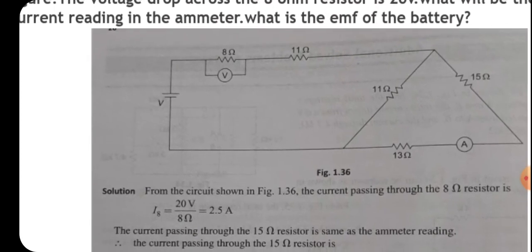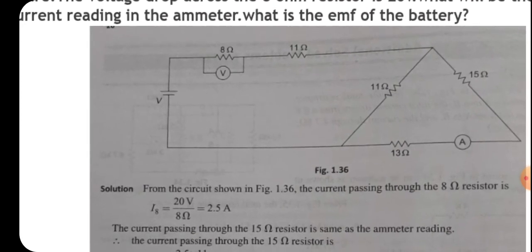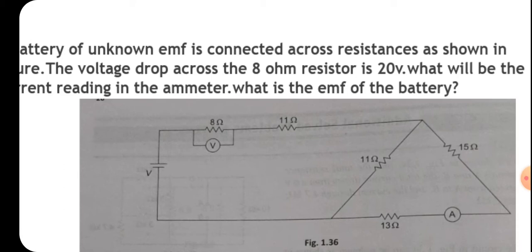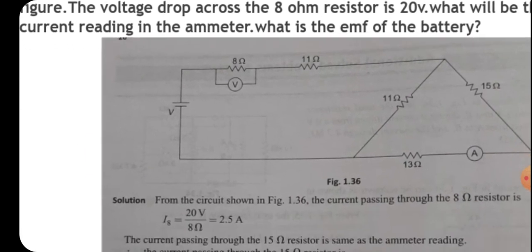That is, 2.5 ampere will flow through the series combination of 8 ohm and 11 ohm. So that is the total current from the voltage source V, and that current of 2.5 ampere will split when it reaches the resistors 15 ohm and 11 ohm. So next you have to find out the reading in the ammeter.